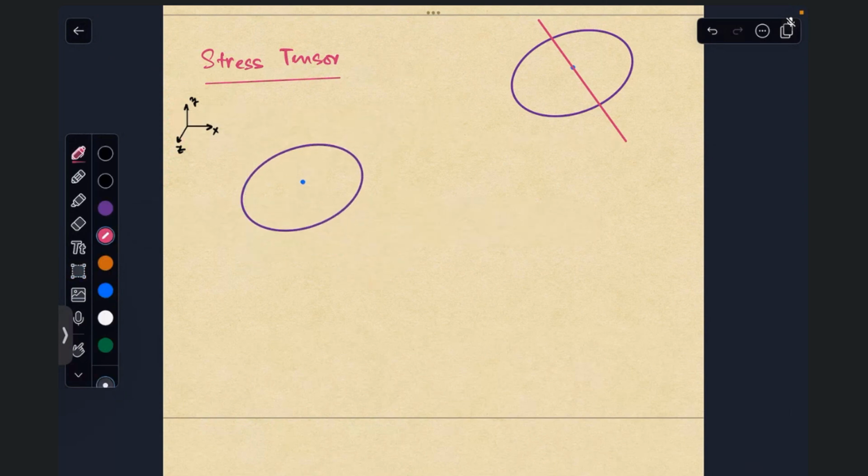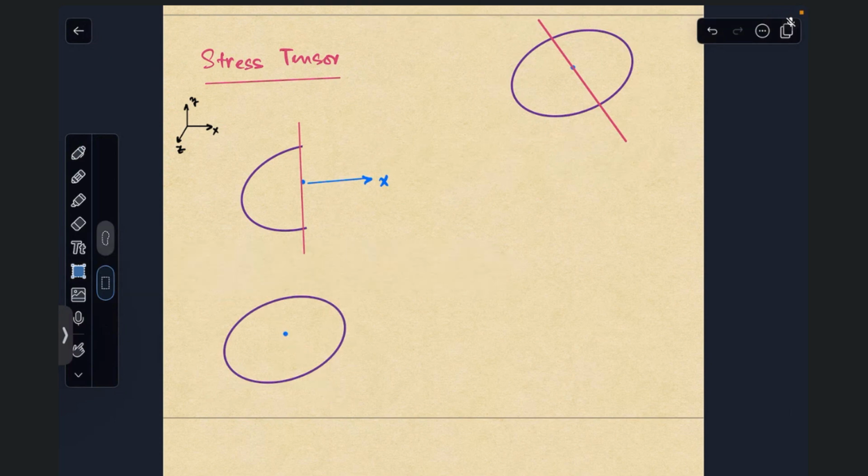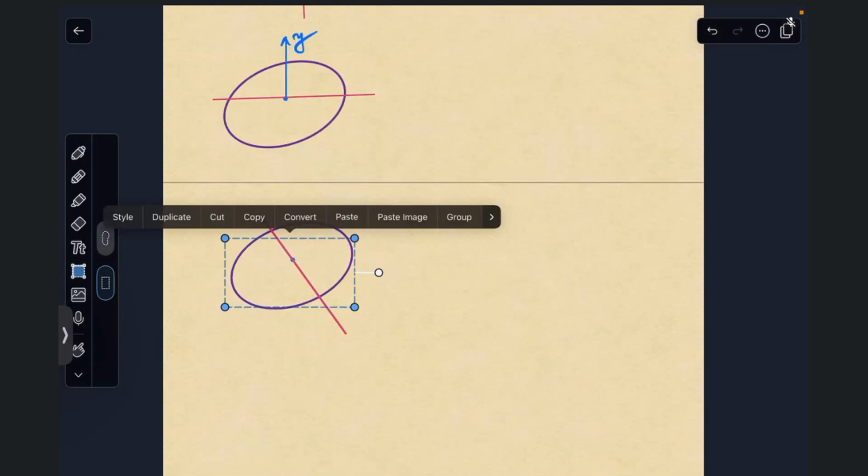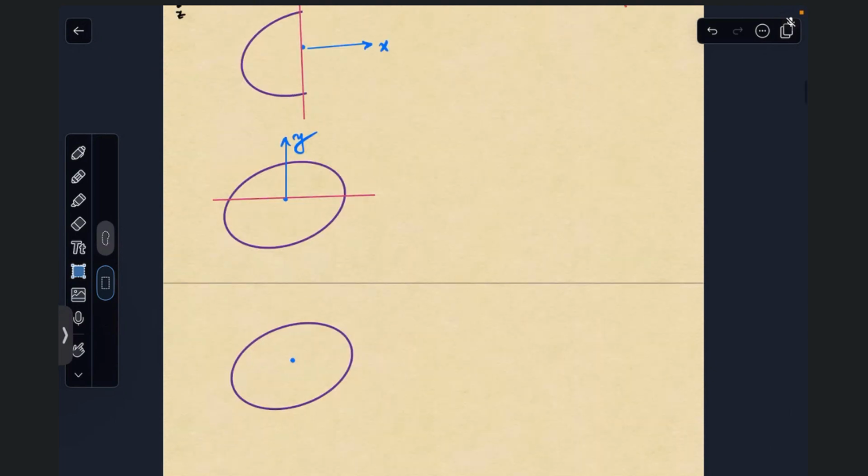Now if I take the body and cut it such that the first cut exposes the x plane, the second cut exposes the y plane, and let the third cut be, because it is out of the plane of the paper, let us consider that this itself is the third cut, which has exposed the z plane.